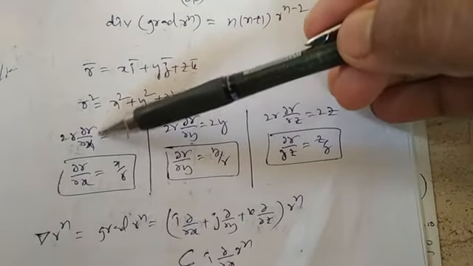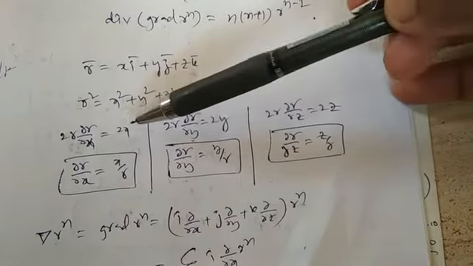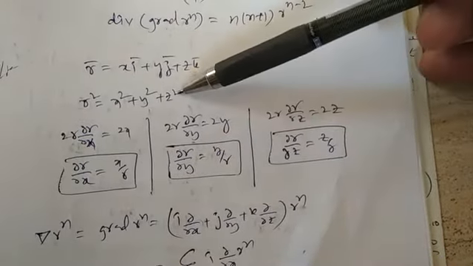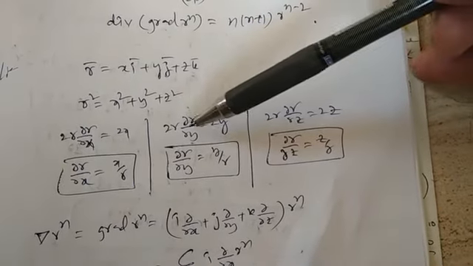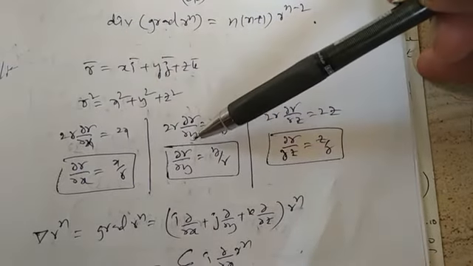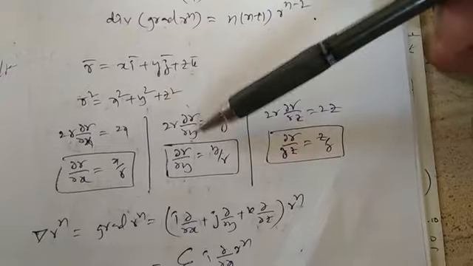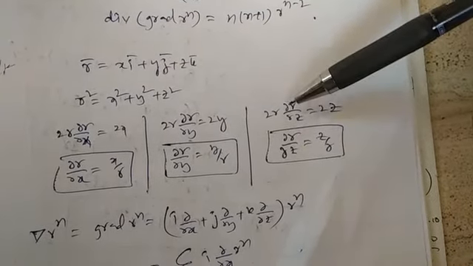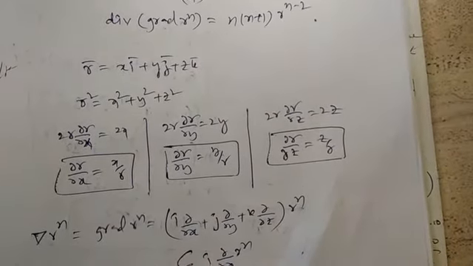Now 2 cancels on both sides, so dou r by dou x is x by r. Now with respect to y: 2r dou r by dou y equals 2y, 2 cancels, dou r by dou y equals y by r. With respect to z, dou r by dou z equals z by r.